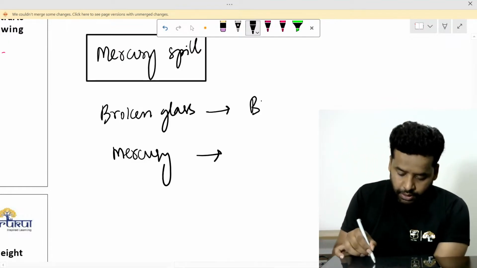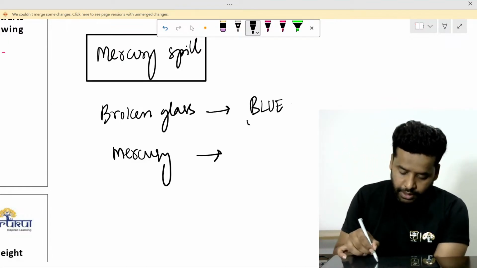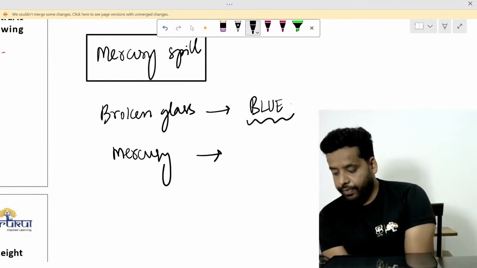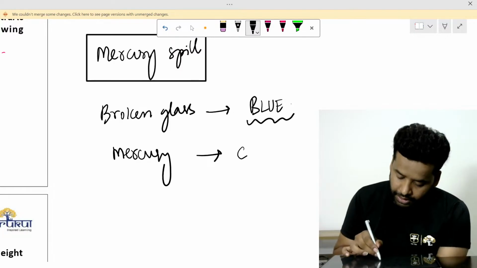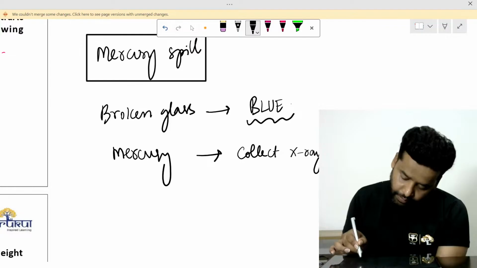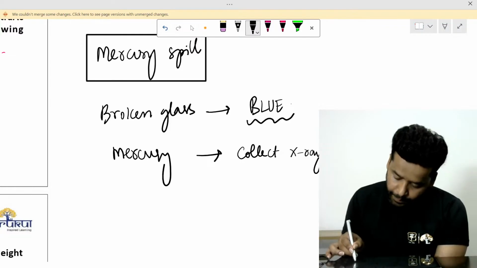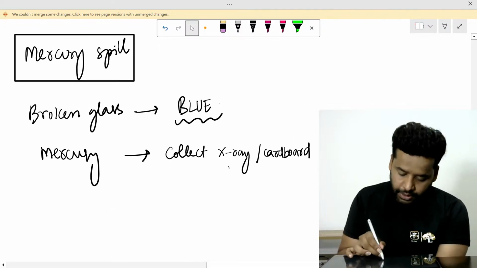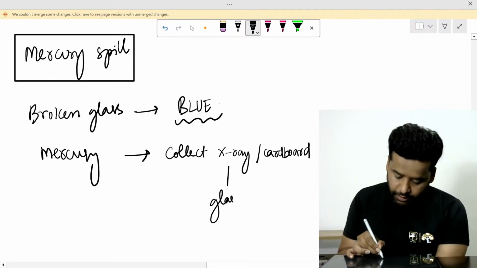Broken glass will go into the blue bag, and mercury will be collected using X-ray sheets or cardboard sheets and disposed of into a glass of water.